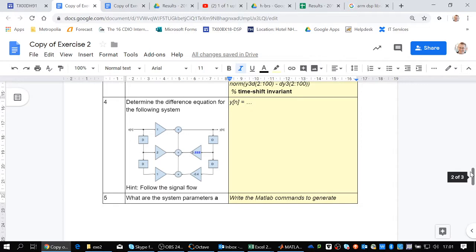Same thing for the output. You have, at this point, y of n minus 1. After that point, you have a1 times y of n minus 1, and so on.